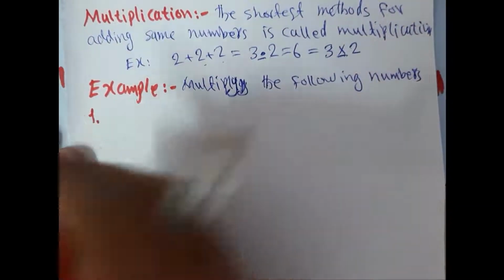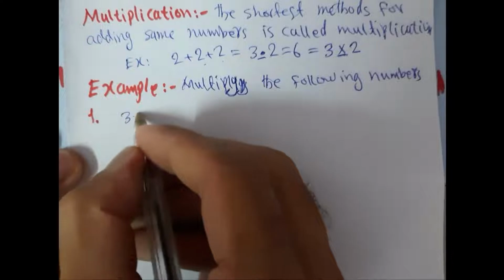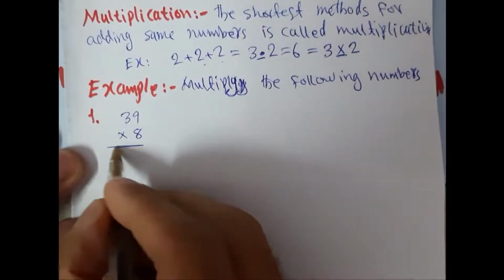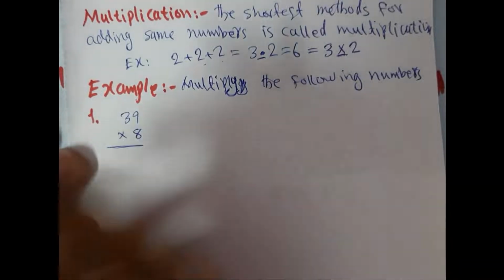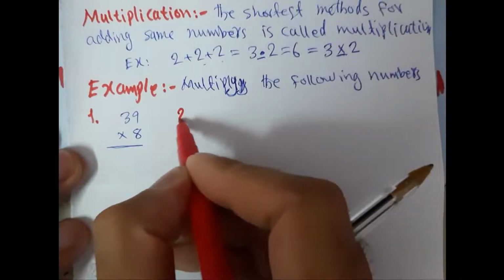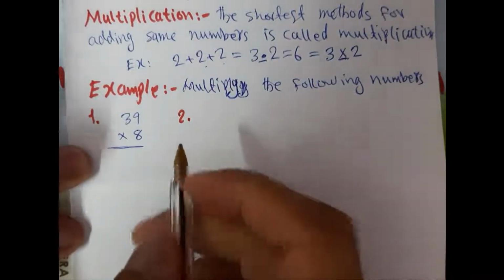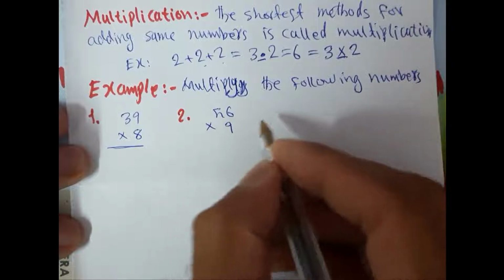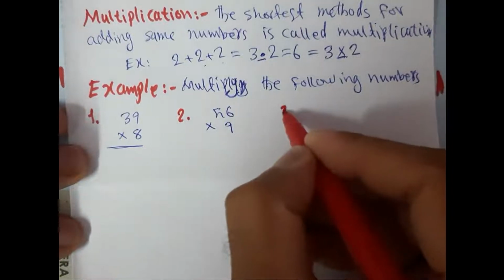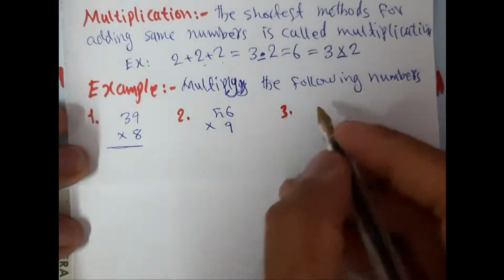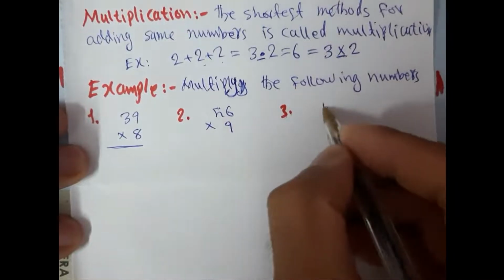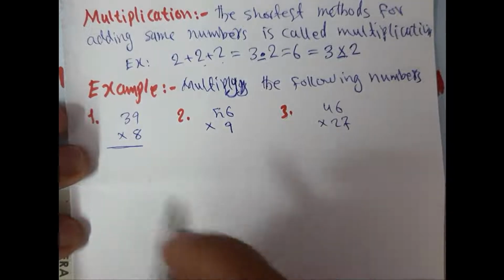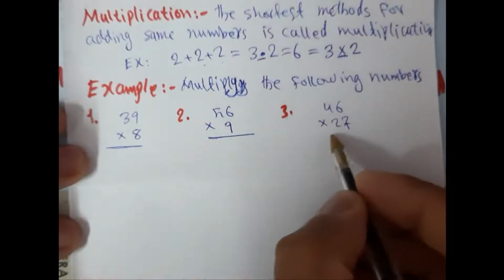Number 1, 39 times 8. Number 2, 56 times 9. Number 3, 46 times 27. First we want to multiply these numbers.